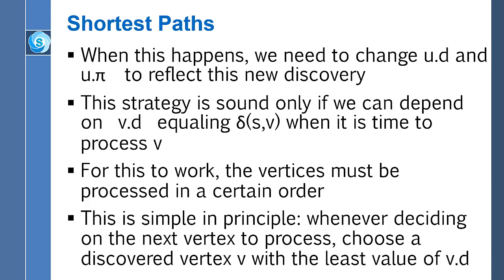Among all of the discovered vertices that haven't been visited yet, select a discovered vertex that has the least value of v.d. Okay? And as long as you follow this simple rule, you'll process the vertices in the correct order, and everything will work out great. Okay? So you have to choose a discovered vertex to process next. Always choose one that has the least value of v.d.